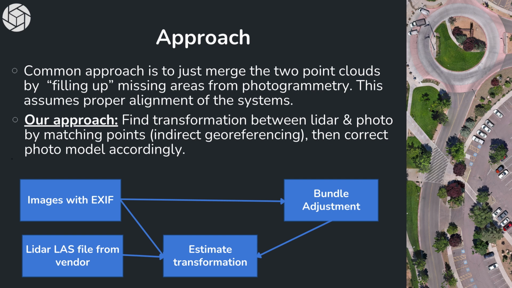In contrast, we take the images and the LiDAR LAS file exported from the vendor processing software, and then we provide an interface for our users to find matching points on the photos and in the LiDAR cloud. And based on these matching points, we can compute an initial transformation between the LiDAR and the photo system, and then use these match points during the bundle adjustment.